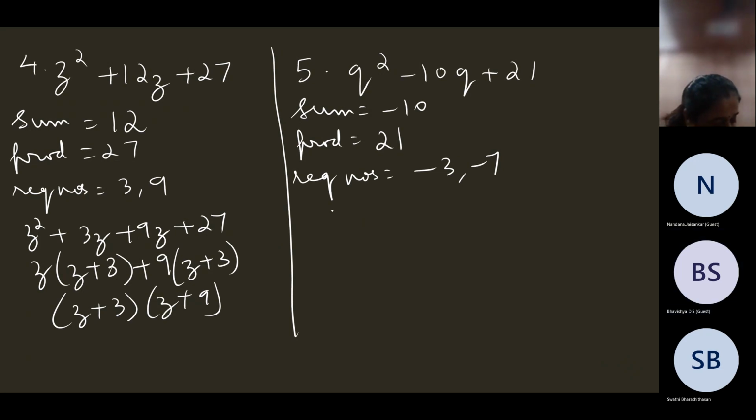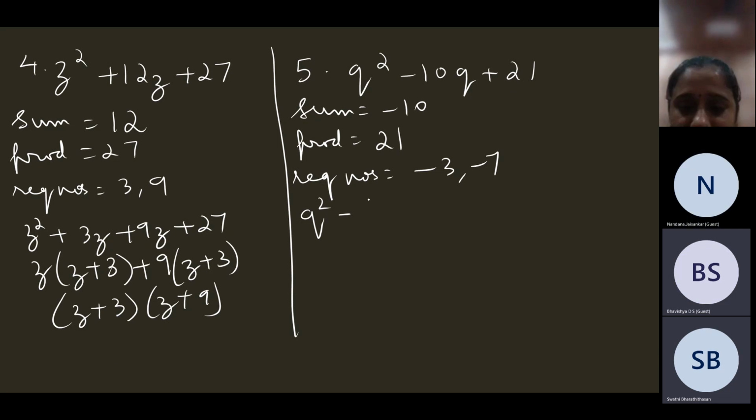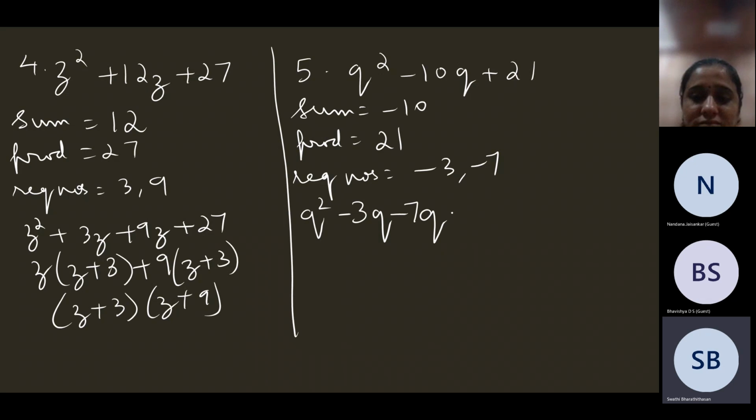So, next step? Q square minus 3q minus 7q plus 21, ma'am.